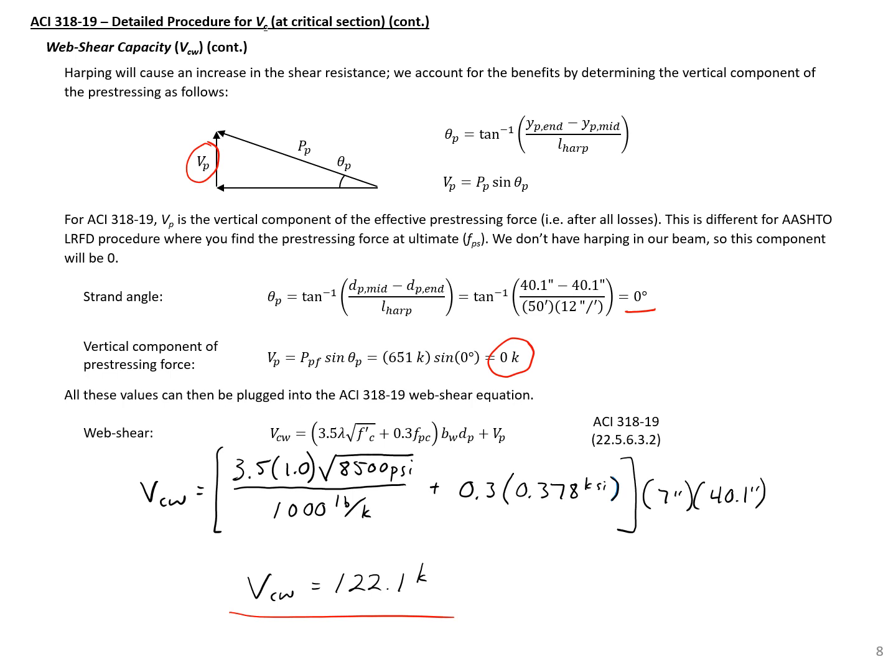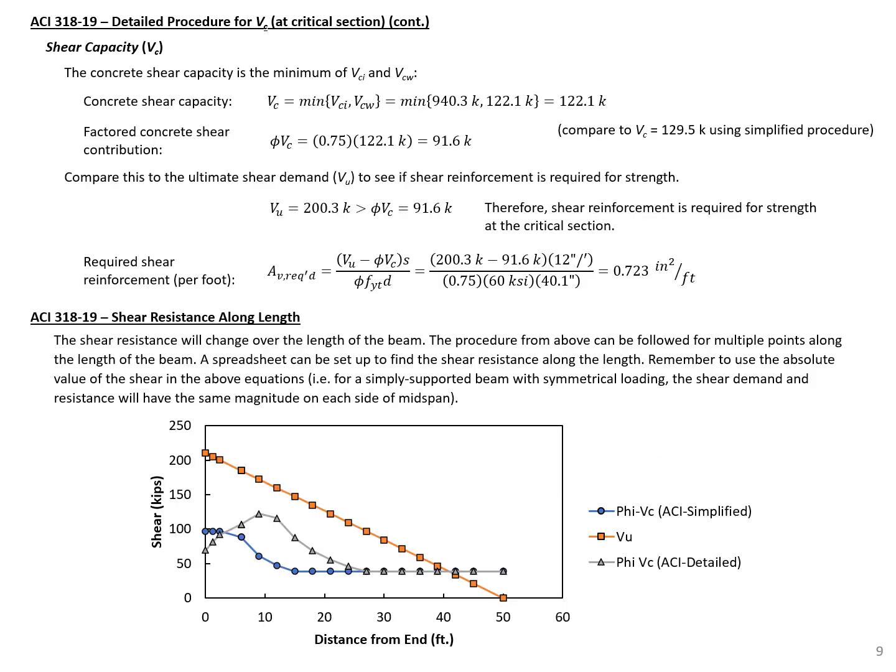So you can see we found our VCW here, and we found our VCI, so now we can use those to find our VC. Our VC is going to equal the minimum of VCI and VCW. So our VCI we found to be 940.3, our VCW 122.1. So our VC is the minimum of those, 122.1.